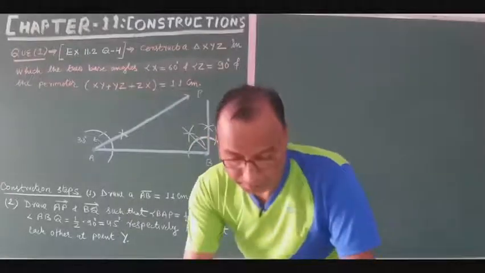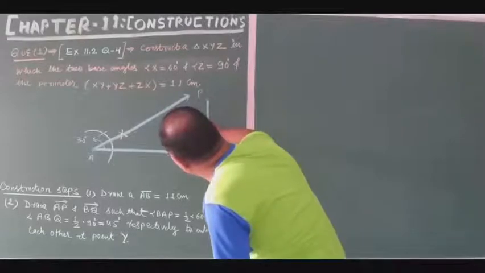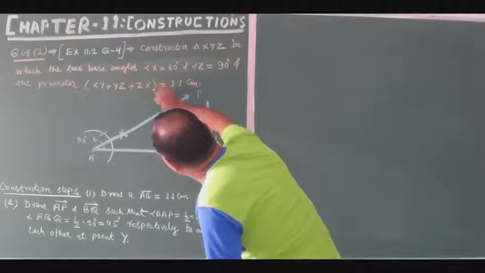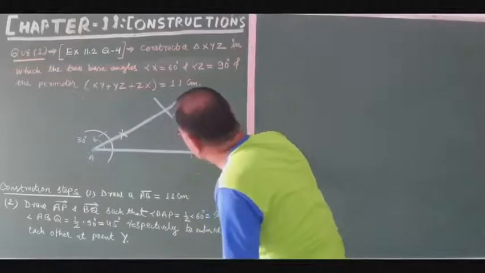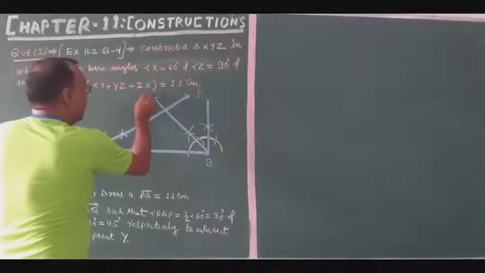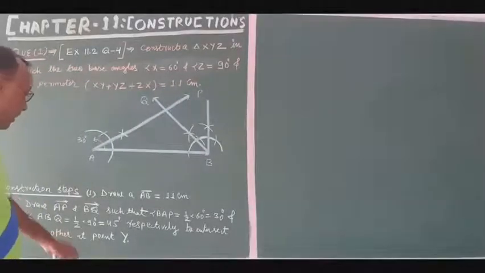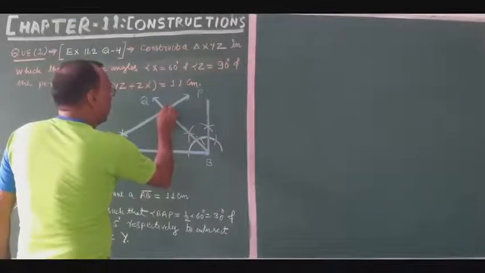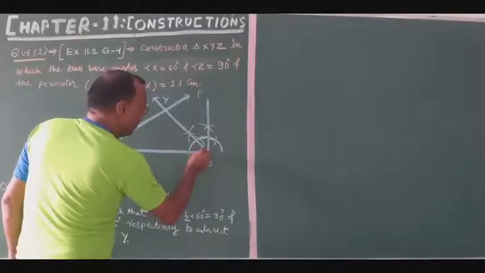just look here. This is the angle 45 degree and this is ray BQ, respectively to intersect each other at point Y. So this is the point Y. This is the point Y. And what is the value of this angle?